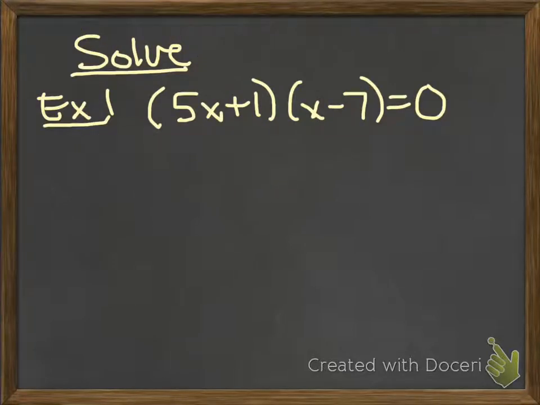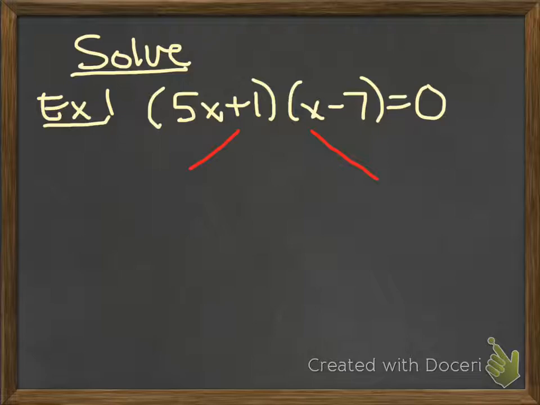Example 1, 5x plus 1 times x minus 7 equals 0. Based on zero product property, it doesn't matter if the first one is 0 or the second one is 0. As long as one of these two factors is 0, then the whole thing is 0. So there are going to be two answers for this. We have an answer for the 5x plus 1, and we'll have an answer for the x minus 7.